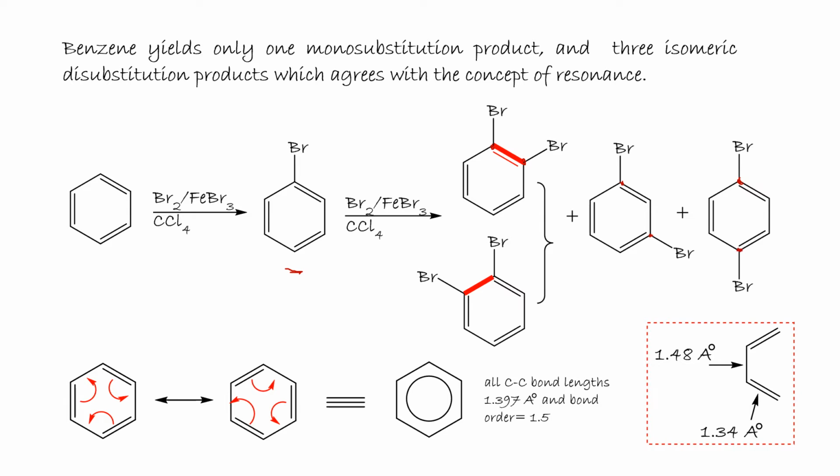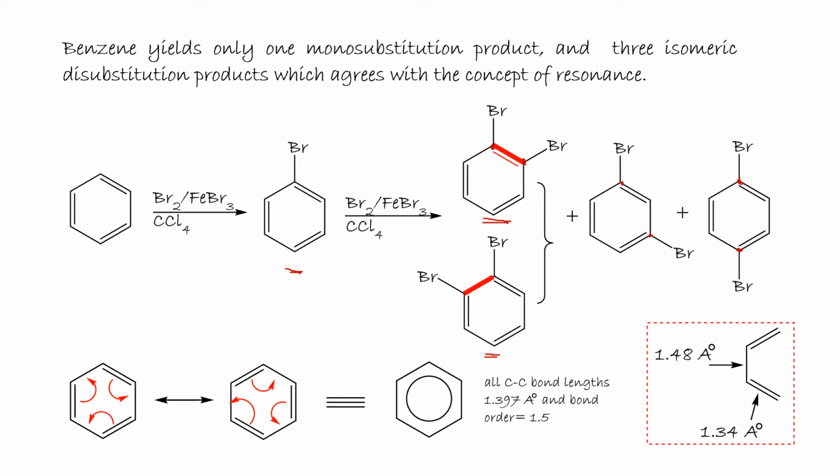If the 1,3,5-cyclohexatriene structure is correct, then we should get 2 isomers of 1,2: 1 with bromine between a double bond, and the other with 2 bromines on a single bond. But that's not the case. It's only 1,2 dibromo, 1 isomer.